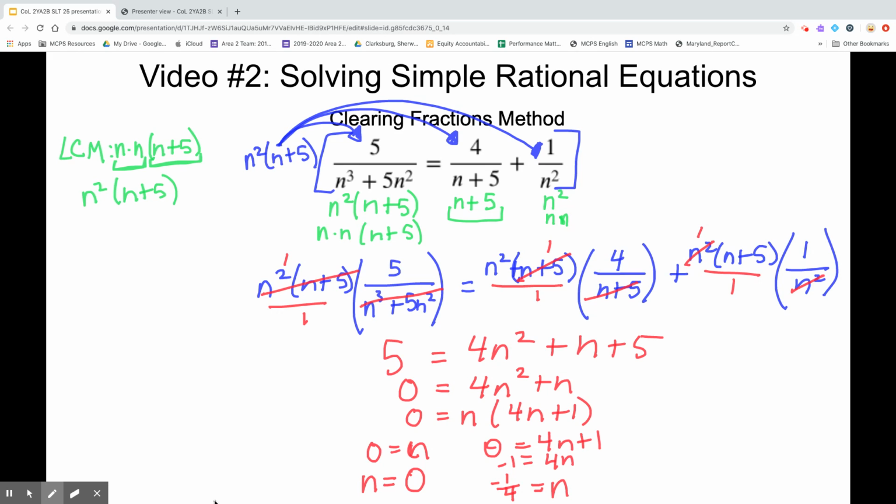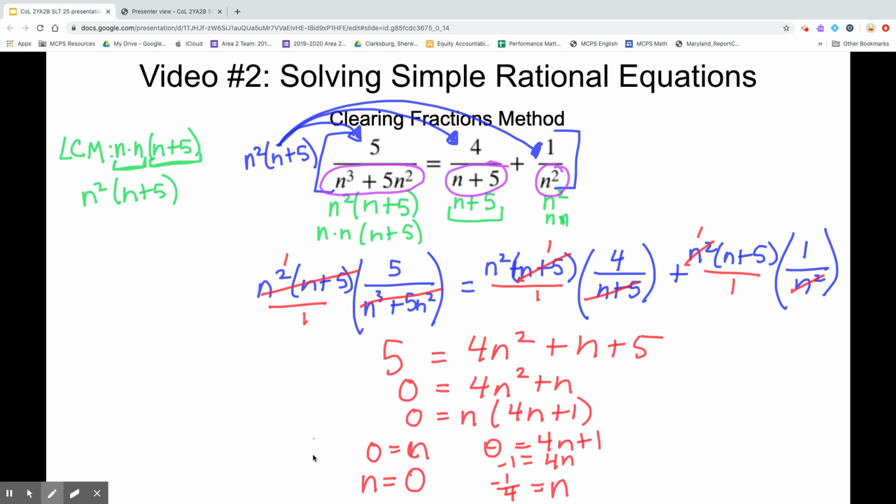Now, here's the one thing that you have to always be careful of when you have variables in the denominator, because that could potentially give you extraneous solutions. So when I look at n equals 0, if I put in 0 here, this gives me a 0 in the denominator, and you can't have zeros in the denominator.